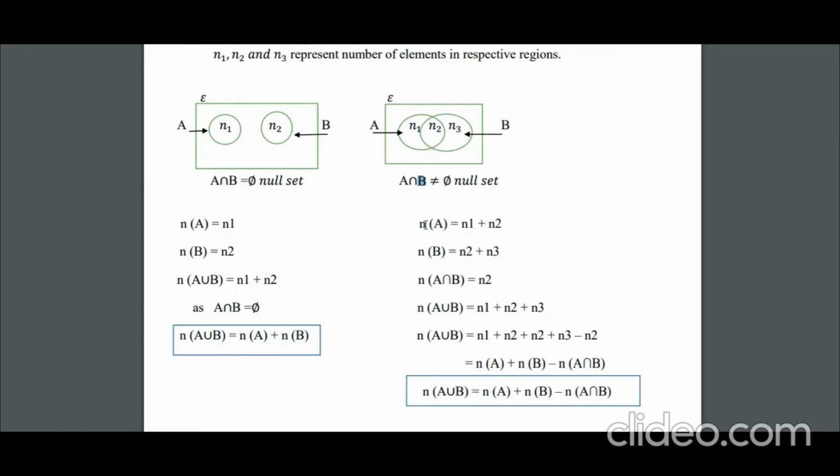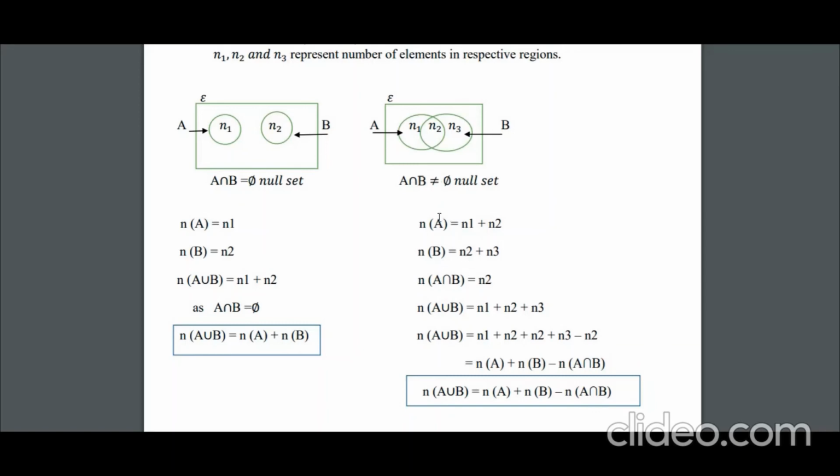So the number of elements belonging to A is n1 plus n2. Number of elements belonging to B is n3 plus n2. And we can see the number of elements in the A intersection B region is n2. So what would we get if we added all this?